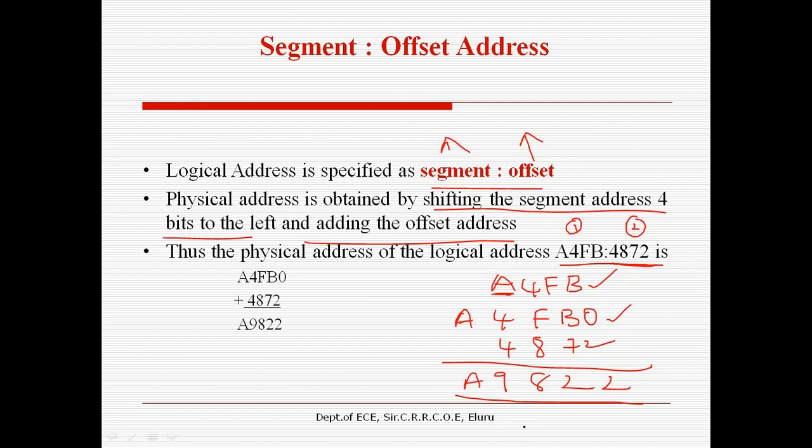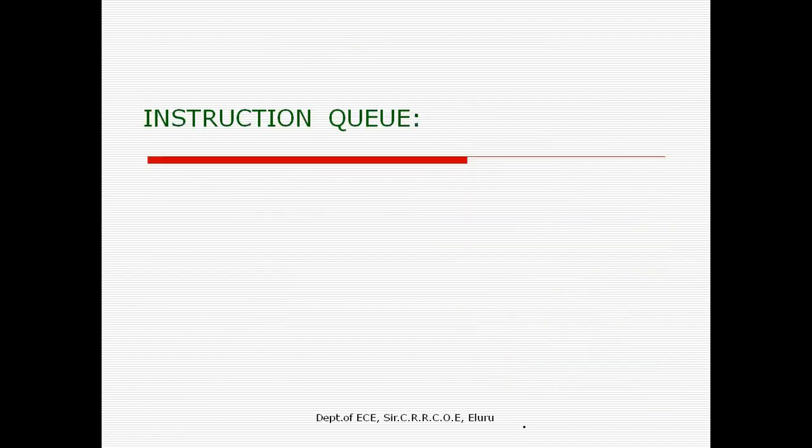So this is about the address generation unit. Simply, the address generation unit is used to generate the 20-bit physical address for the 8086 processor. And the next part in the bus interfacing unit is the instruction queue. So what is this instruction queue?